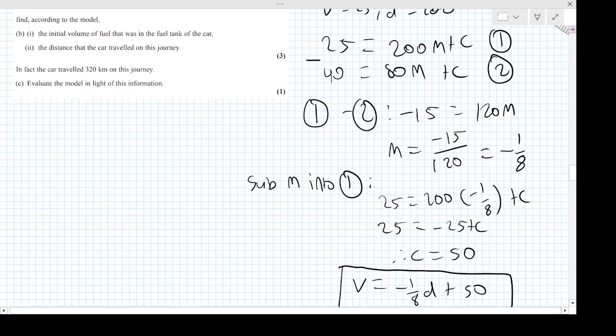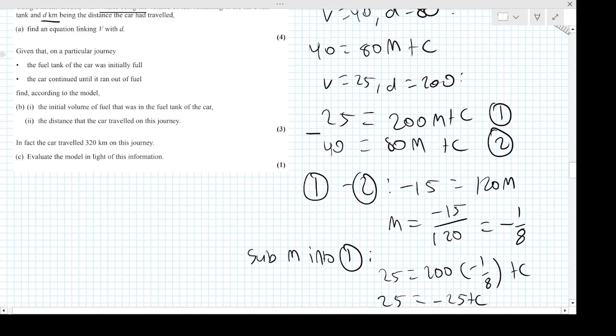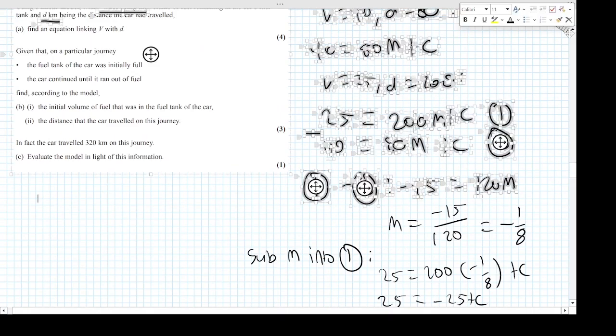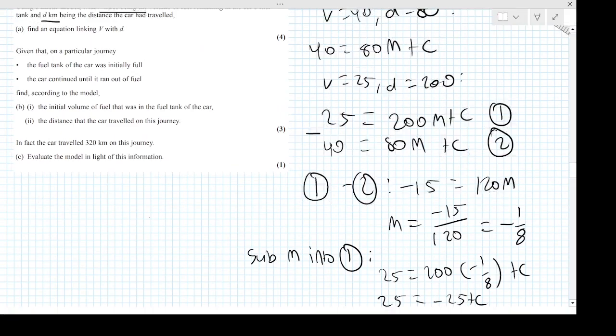Cool. Then it says find according to the model, given that on a particular journey the fuel tank of the car was initially full, the car continued until it ran out of fuel. Okay. Find according to the model the initial volume of fuel that was in the fuel tank of the car.